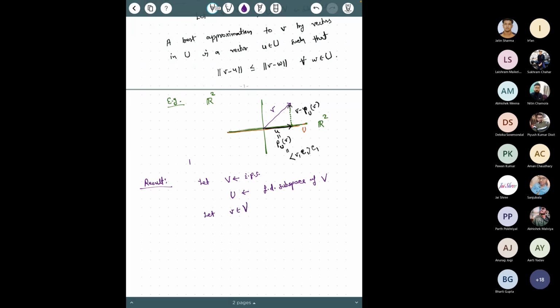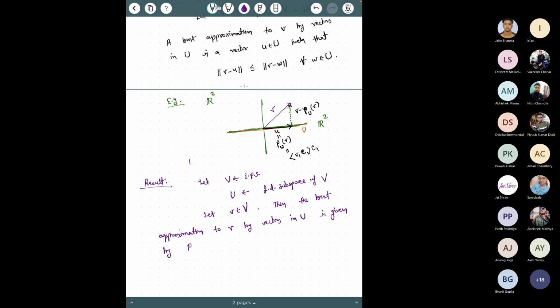And suppose we are given a vector v in V. Then the best approximation to v by vectors in U is given by this vector P_U v.